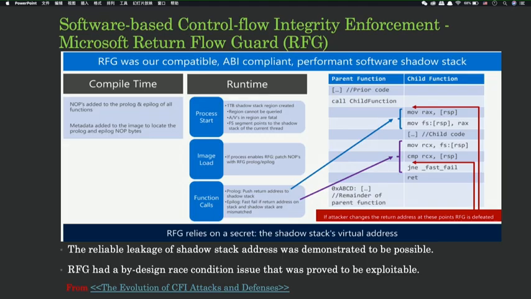But there are two things that we have to notice. The first thing is that the storing of this return address and the comparison of those return addresses are not atomic operations, because they're at the beginning of this call and at the end of this call.